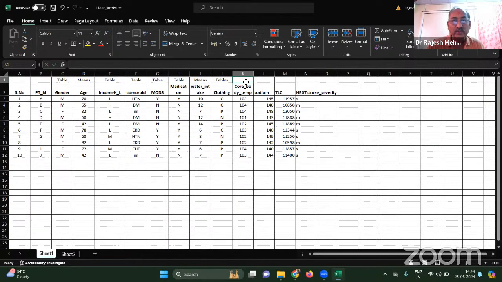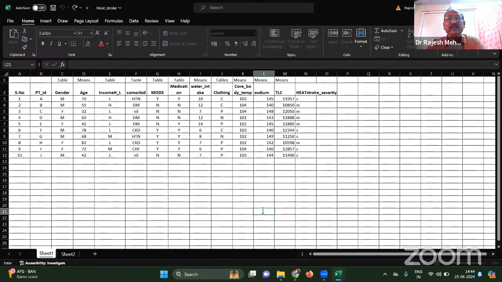And the temperature, you can go for means command also. And then sodium, means. This is a total leukocyte count. I don't know what TSC is, it may be total leukocyte count. This is how you should define what you have.